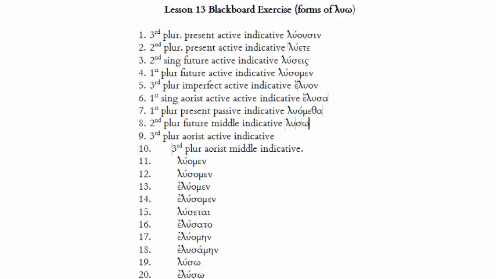So the second plural future middle, well, what would it be if it were first singular? It would be lusamai, right? Then it would be luse for the second singular. Then lusetai for the third. Then lusamatha, which is a lot like luamatha, except it has a sigma there.